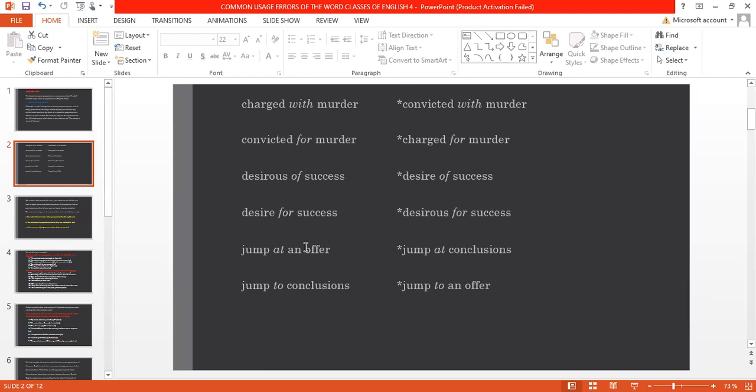We say charged with murder, convicted for murder, desirous of success, desire for success, jump at an offer, jump to conclusion. All right? But it's wrong for us to say convicted with murder, rather charged for murder, desire of success, desirous for success, jump at conclusions, jump to an offer.